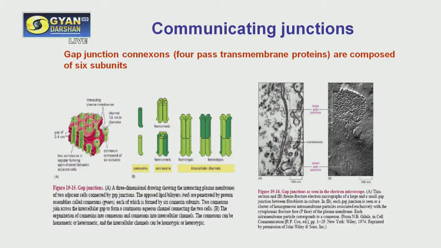So you will call it homotypic. That means a single kind, they are all similar. But if the subunits are different, then you will call it heterotypic. So the subunits can be of the same kind, or the subunits can differ. Accordingly, there are two different kinds of connexon molecules.